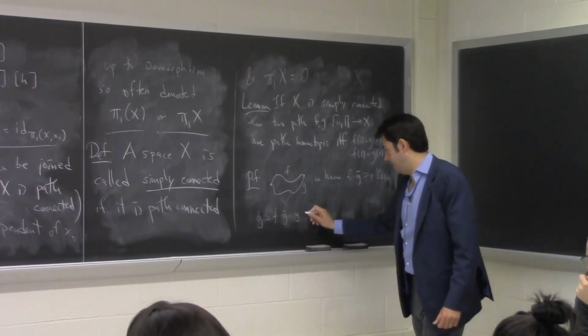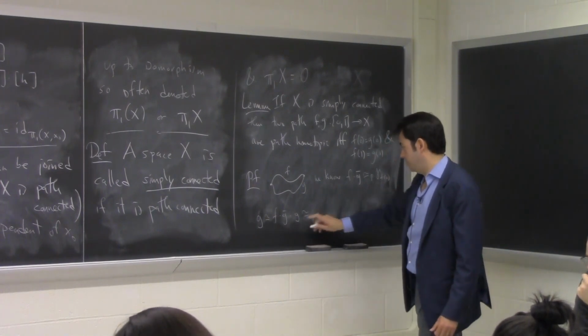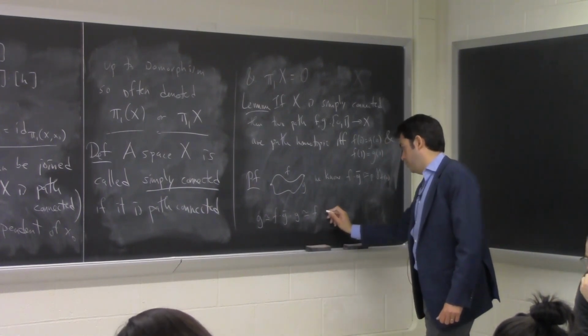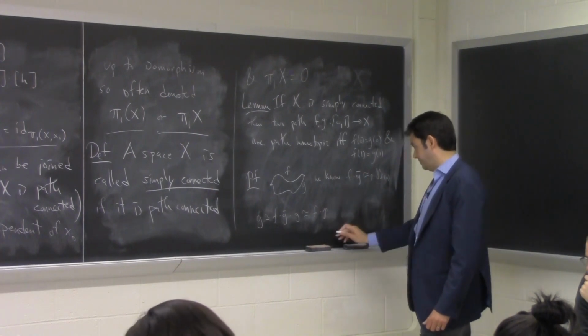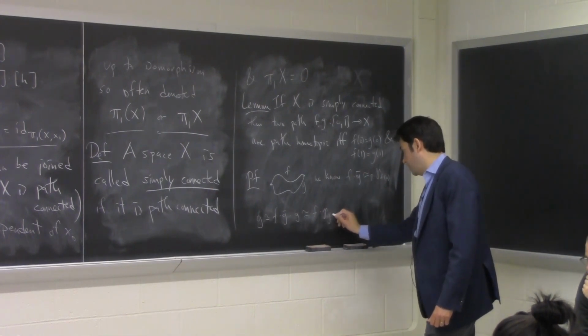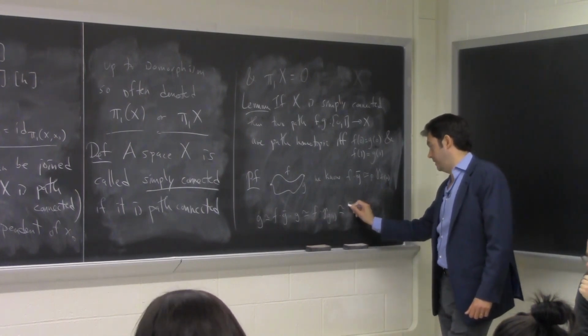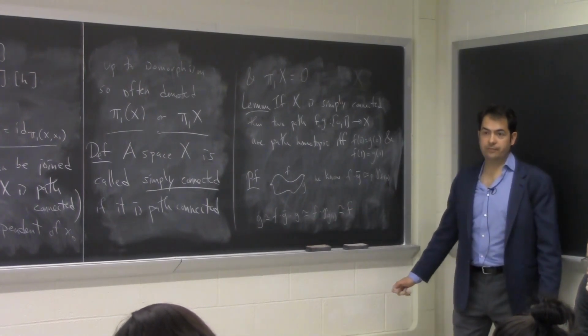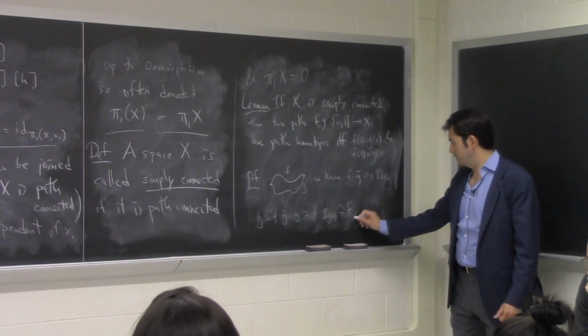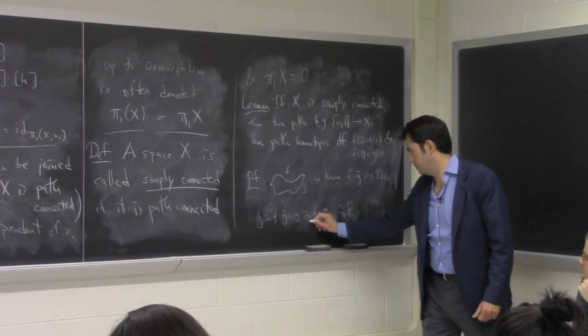And then this is homotopic to the constant loop at G1, and that's homotopic to doing nothing, so that's F. These are all path homotopies.